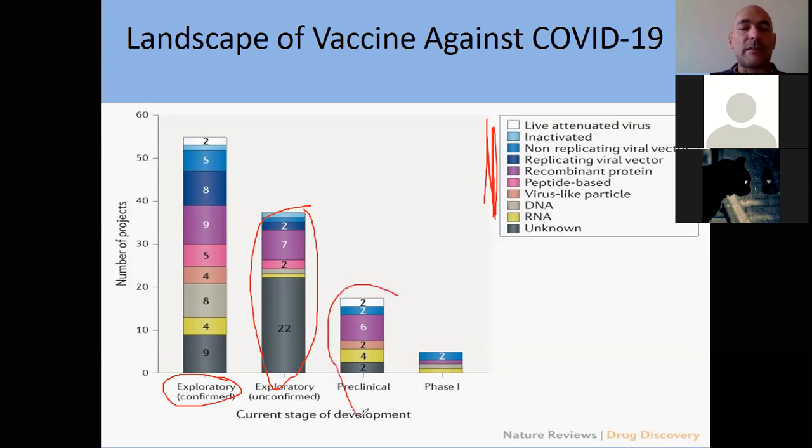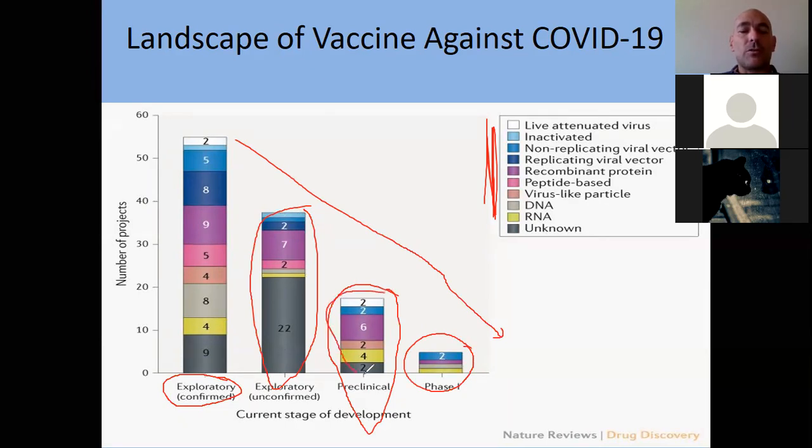And then you have a group that is in preclinical. What preclinical means is that they are now being tested in animals, okay? And then of course you have the last group that is in phase 1. Phase 1 means that it is now tested in humans. So the first thing you can see is that from the groups that are exploratory to the groups that are preclinical, you have less than half, probably a third, okay?